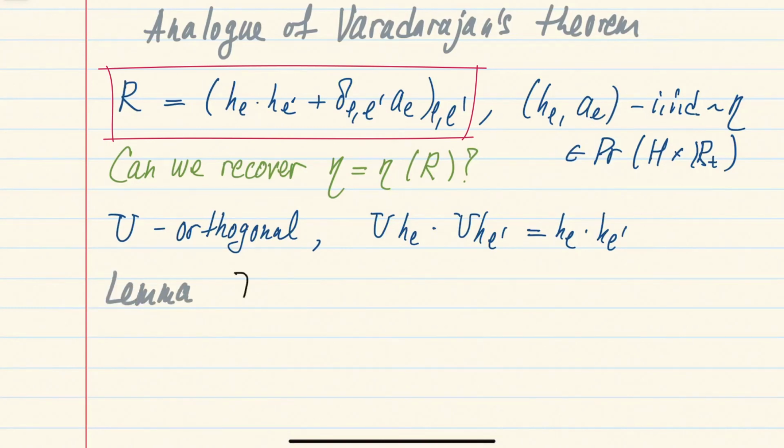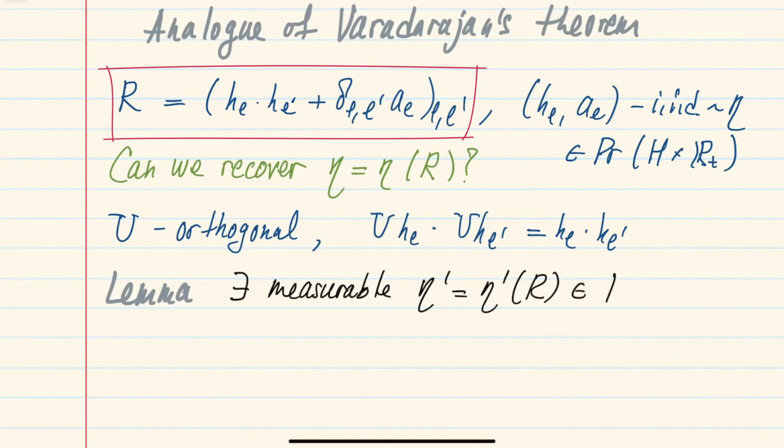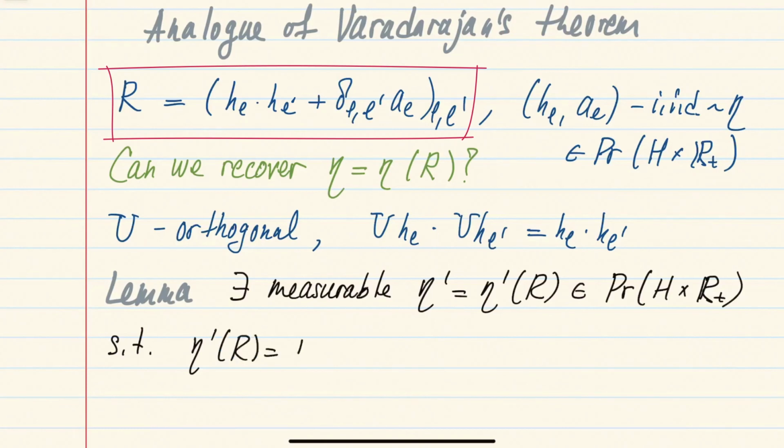It says that there exists a measurable function of our array with values in the space of probability measures on H times the positive half line, such that this measure is equal to the measure that generated our array up to some random orthogonal transformation on the first coordinate and the identity on the second coordinate on the positive half line. And this equality is almost sure for some orthogonal transformation u.